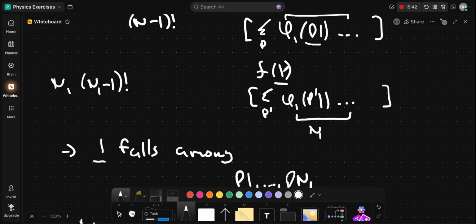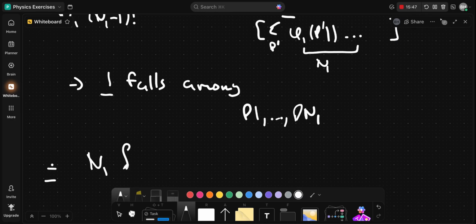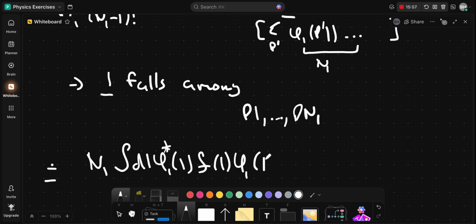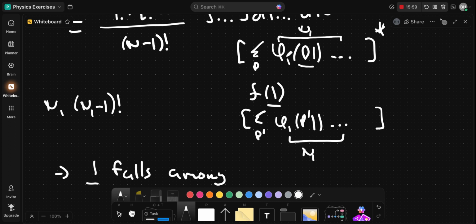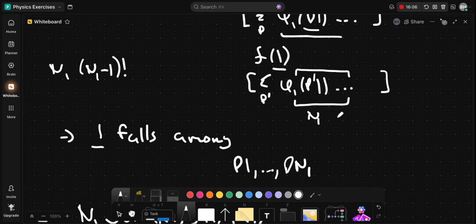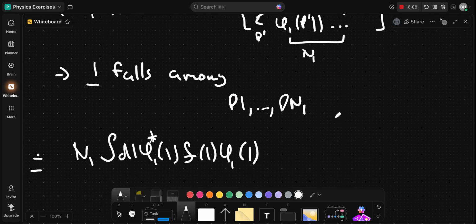Now I know that particle 1 fell among these coordinates, so I'm going to write here an integral d1 phi 1 star 1 f1 phi 1 1, which means that of these orbitals here, I removed one, and of these orbitals here, I removed one as well. Okay?